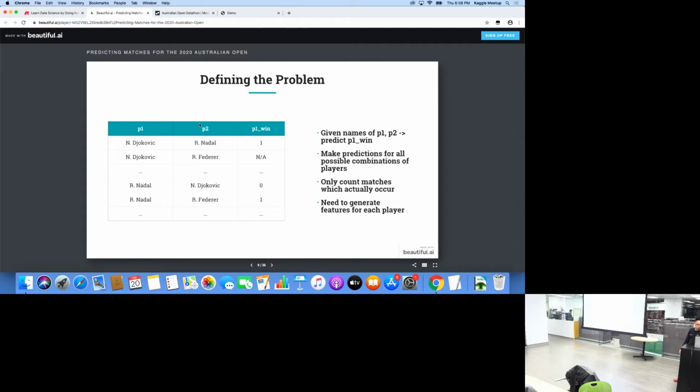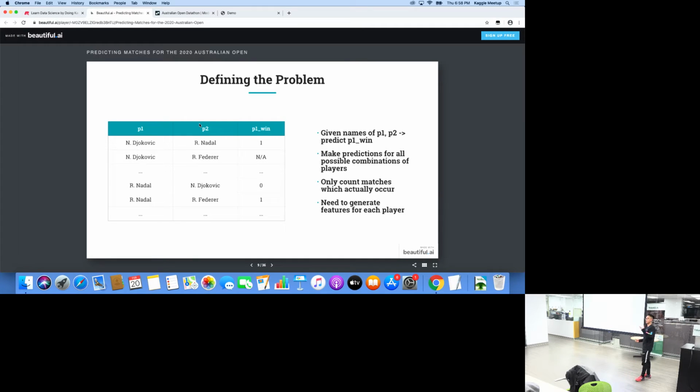Okay, so now let's specifically talk about what we're trying to do here. This is what the sample submission file looks like. You're going to be given the names of two players, player 1 and player 2, and you're going to predict whether or not player 1 wins. It's a 1 if player 1 wins, 0 if not. And you need to make predictions for all possible combinations of players.